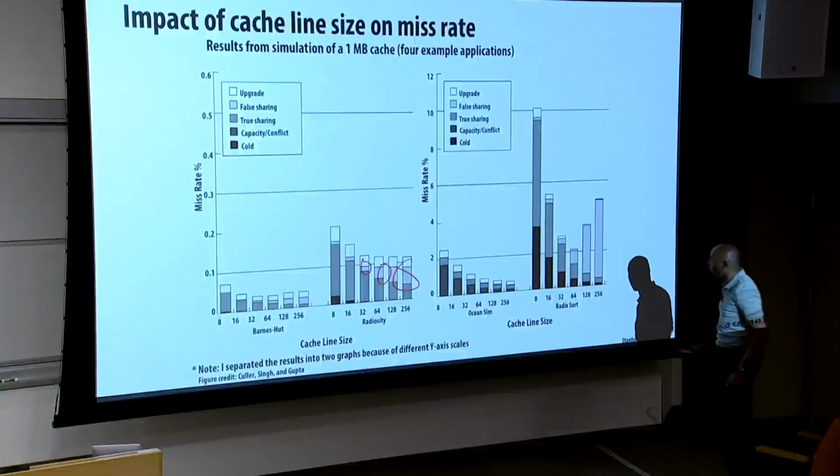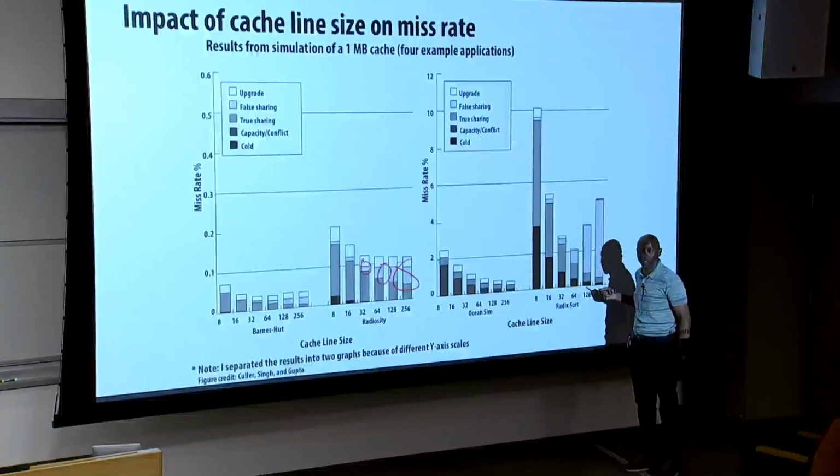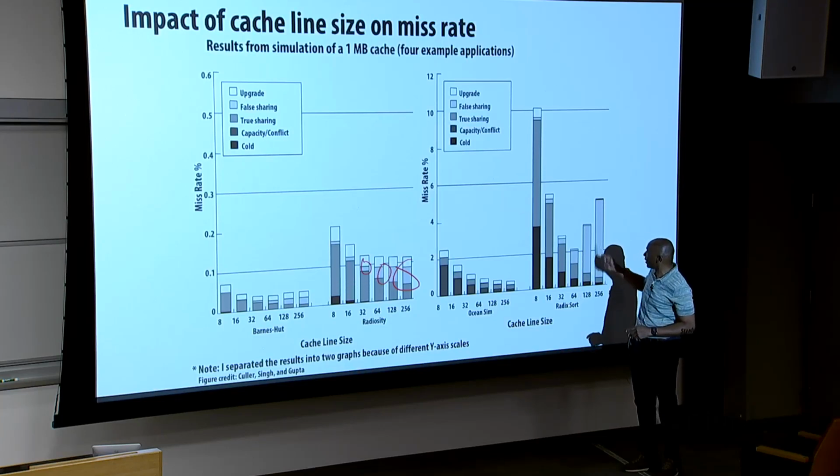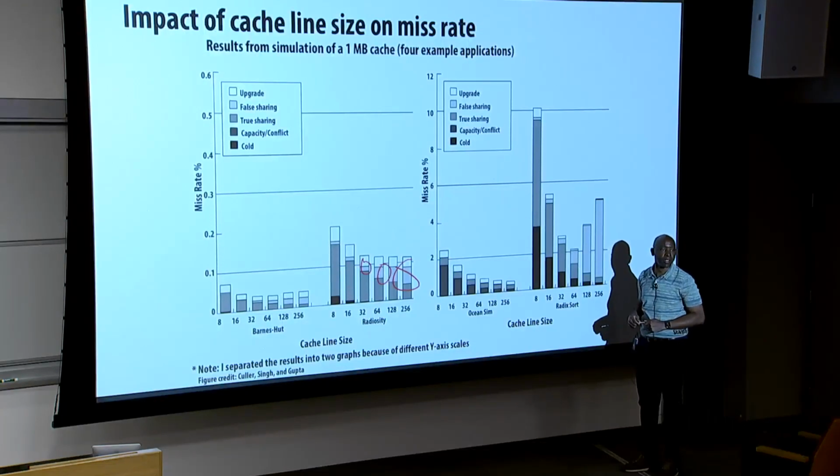What do we know about line size and spatial locality? As line size increases, spatial locality is better exploited, and then you have false sharing, which is pushing things up. Eventually, the improvements that you get from exploiting spatial locality are outweighed by the detriment of false sharing.